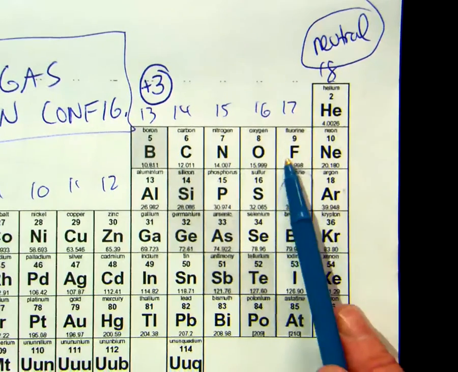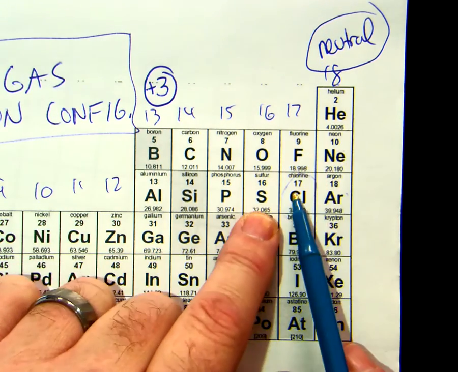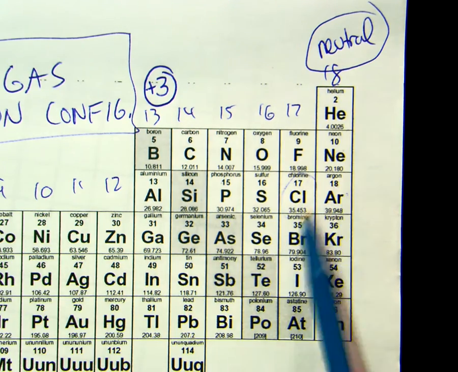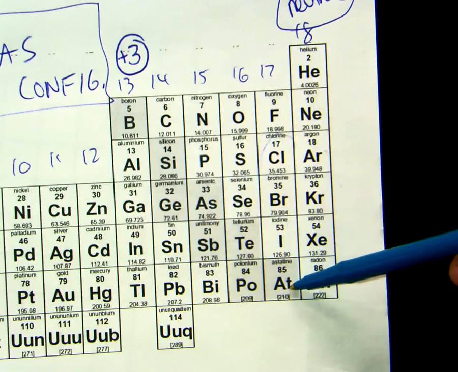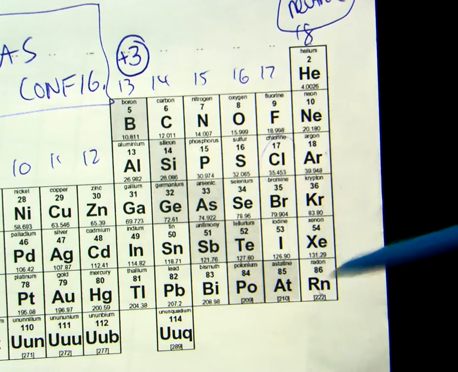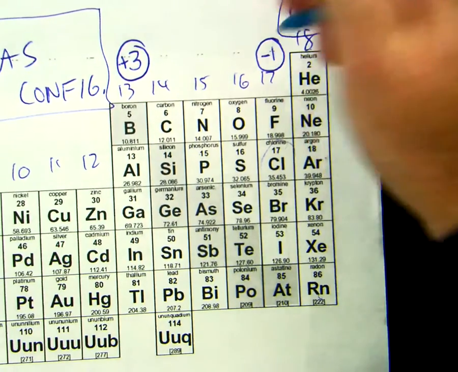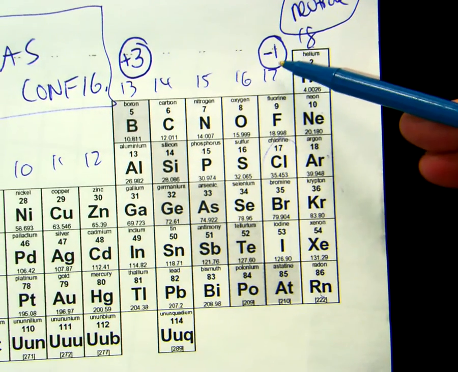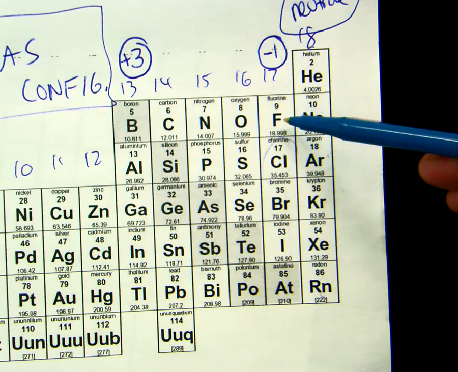These ones gain. So fluorine, for instance, will gain 1 electron to have 10, like neon. Chlorine will gain an electron to be like argon, and so on. So since this whole column will predictably gain a single electron just to have a noble gas configuration, they will develop a -1 charge. Because again, electrons are negatively charged. If you pick one up, now you're negatively charged too.